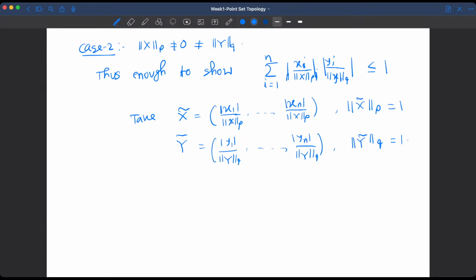If the sum of xi is 0, then the total thing is anyway 0. But if the sum is non-zero, then it has to be positive. Still, I haven't used that 1 by p plus 1 by q equals 1. So I'll use that to apply Young's inequality here.